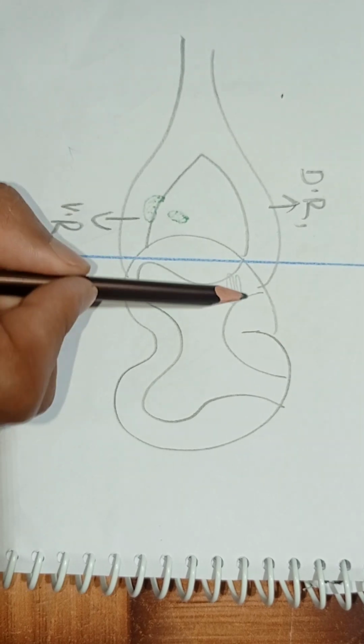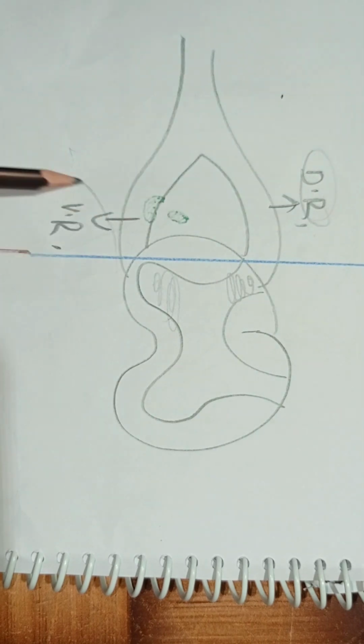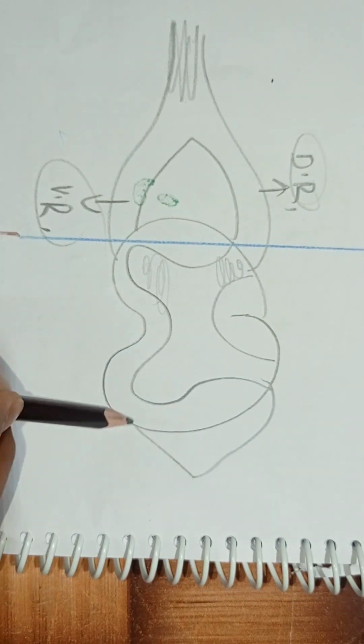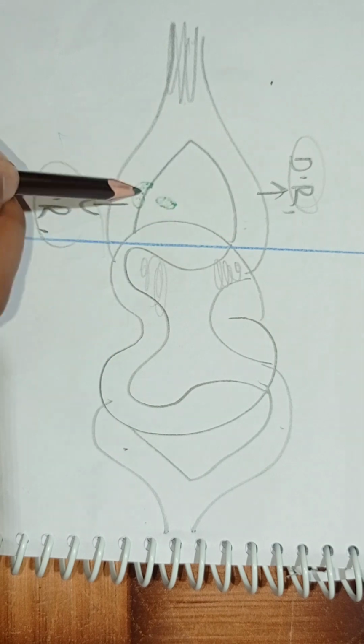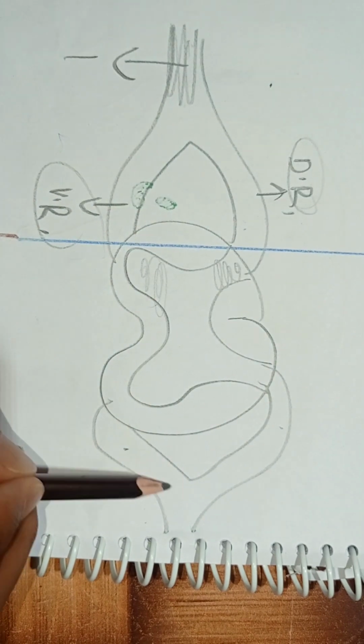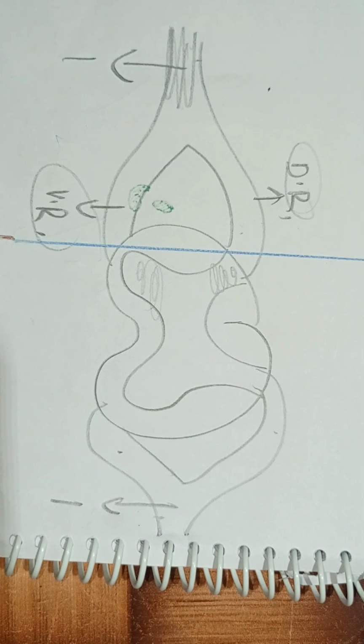The dorsal root usually comes from the posterior horn, and the ventral root from the anterior horn. The dorsal root and the ventral root combine to form a spinal nerve. From this side as well, these are the nerve rootlets 1, 2, 3, 4, and this is nerve 1. Together, they are the pair of spinal nerves.